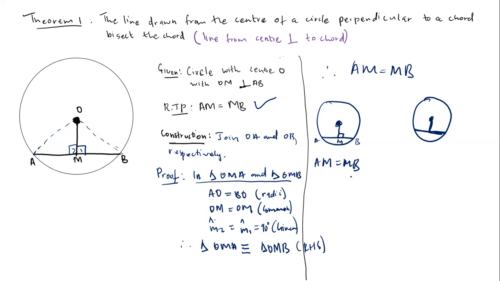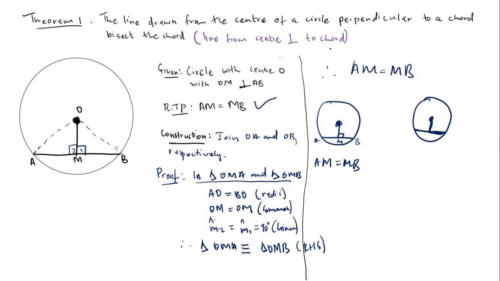That's theorem number 1. I repeat for the last time: if the line from center acts perpendicular to your chord, that means AM is equal to MB. Therefore, what is the reason? Line from center perpendicular to chord.